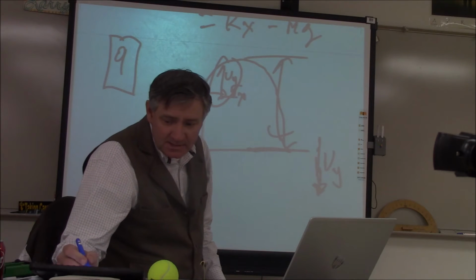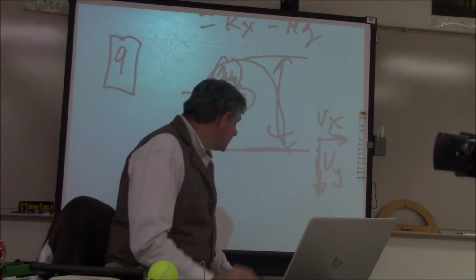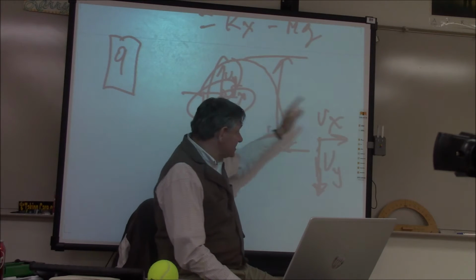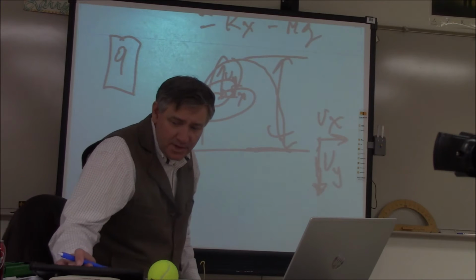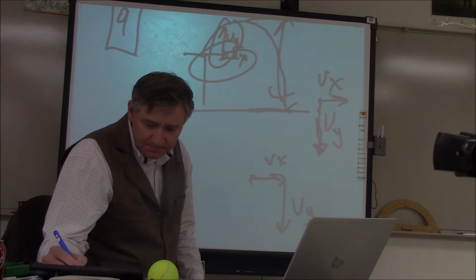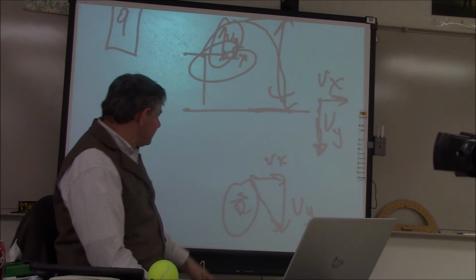But when it lands, it also has a horizontal component to it. It also has a Vx, because it's going to have that same horizontal component that it has here. So it's going to land with some Vx, it's going to land with some Vy, and then you can find the resultant.